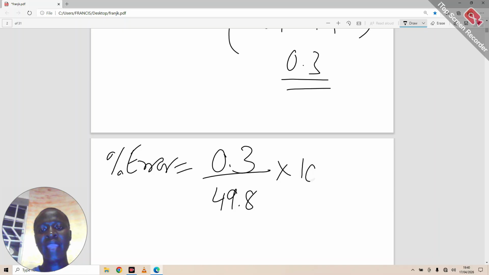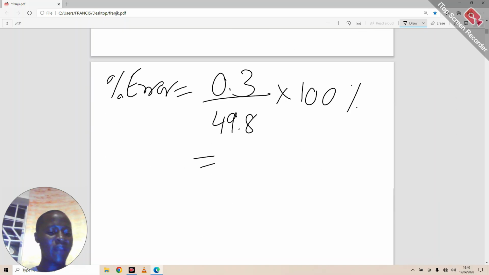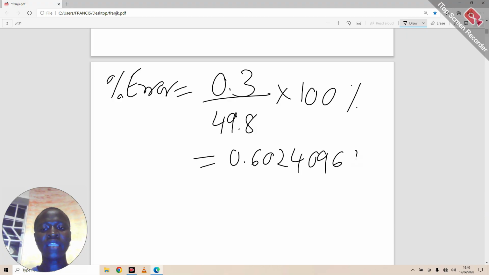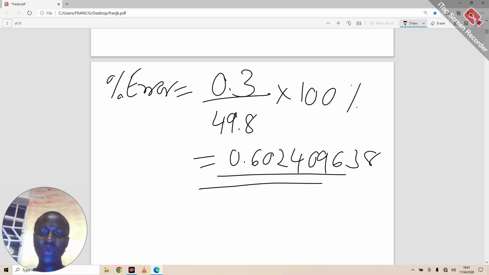You multiply by 100%. Having that in your calculator, I'm having 0.602409638. Remember to write the whole answer unless the question directs you to leave your answer to a significant figure or a given number of decimal places.